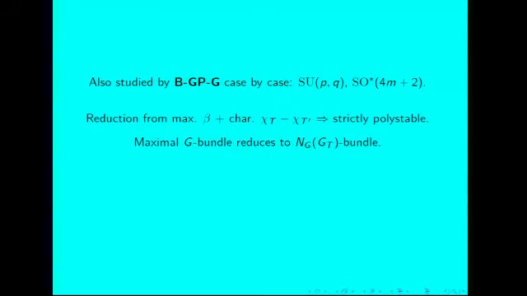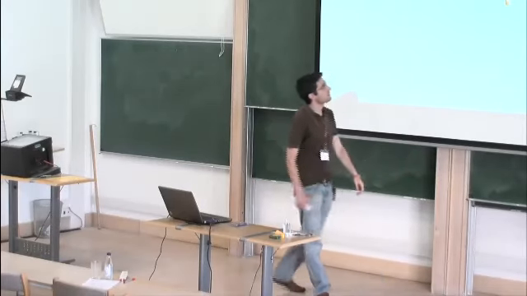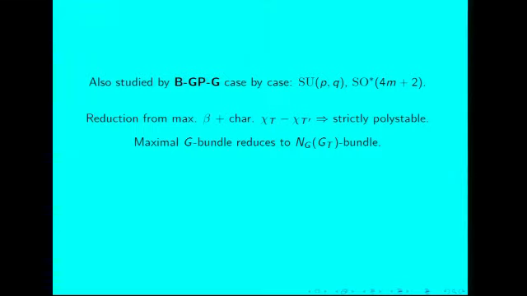every maximal G bundle will reduce to this N_G(G_T), which is the normalizer of the maximal tube group in this case, which I referred to before when I said G equals G_T plus G2. So normalizing that subtube, you get that that's the new structure group of your bundle.